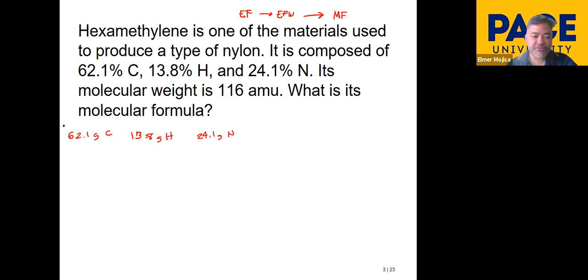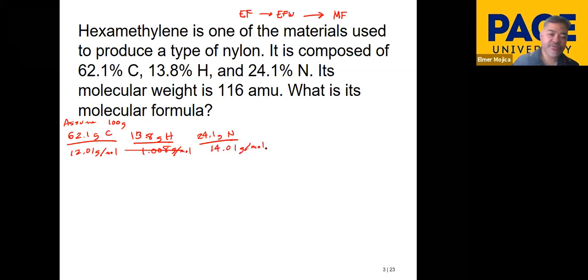So you're going to always assume you have 100 grams sample. And then you divide this with 12.01 grams per mole of carbon, 1.008 grams per mole of hydrogen, and 14.01 grams per mole of nitrogen.